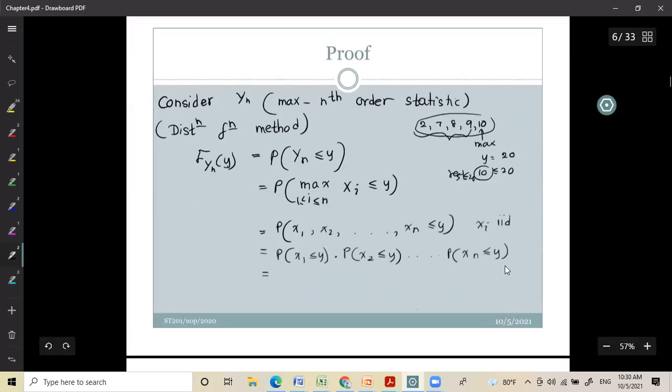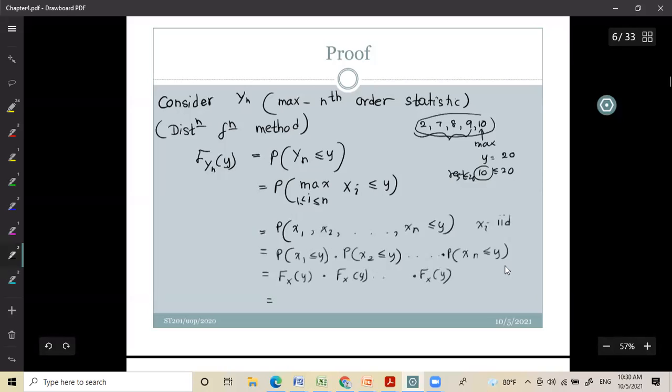Now, if you look at these statements, what is this? P of xi less than or equal to y is the Cdf at y of x1. And this is again the Cdf. It doesn't matter whether it is x1 or x2, right? They are identically distributed. Therefore, in all these expressions, that denotes the Cdf of x.